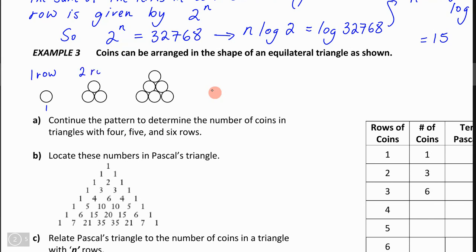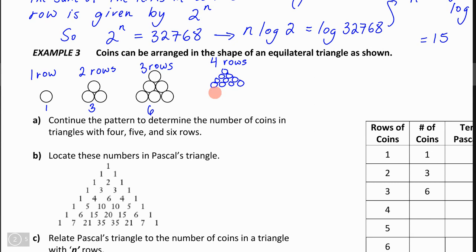Here I have 2 rows, I have 3 coins. And here I have 3 rows, and I have 6 coins. And what would 4 rows look like? So I'm going to just say 4 rows, and I'm going to draw some coins. So here I have 1, continue the pattern, and I should have something that looks like this, right?